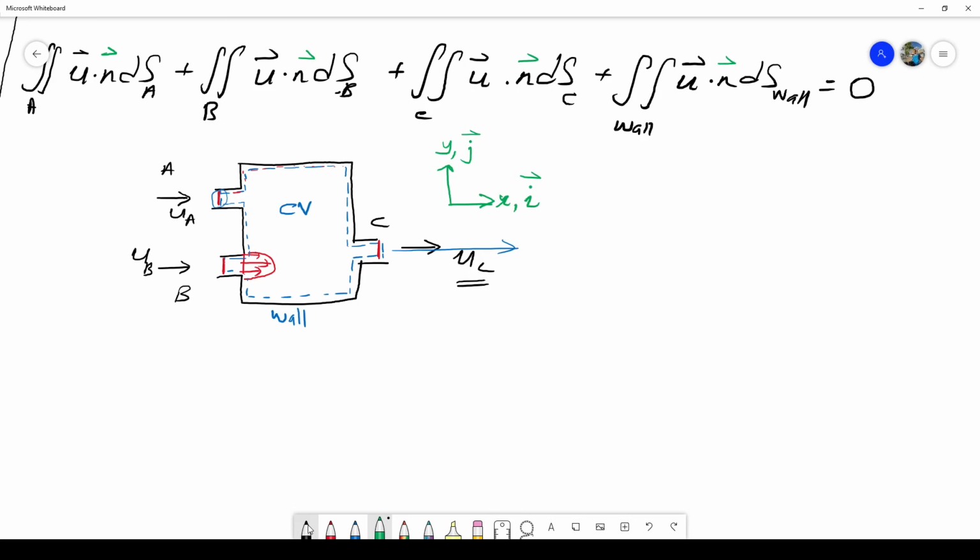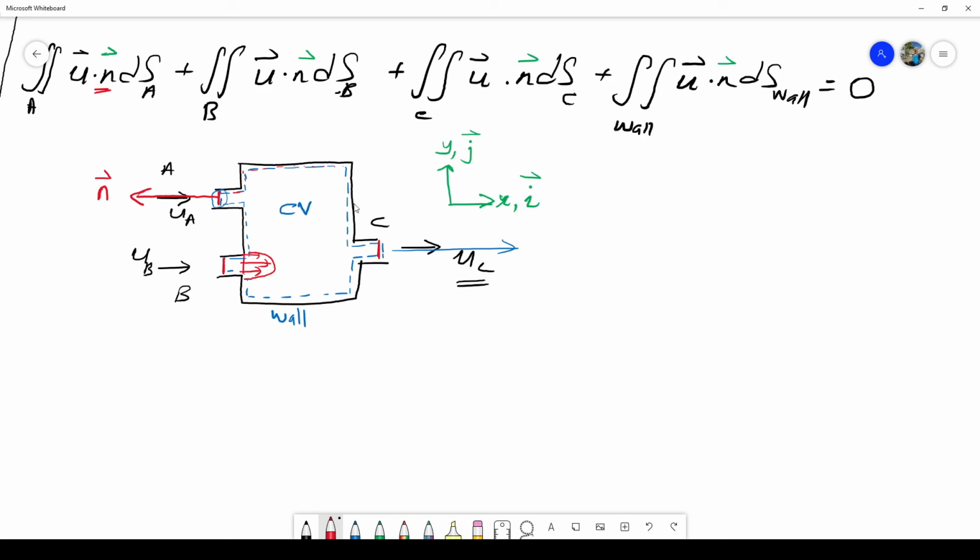Let me define one more thing here: the unit normal to the surface. So n is always normal, or perpendicular, to the surface that we consider, and it points outward from the control volume.